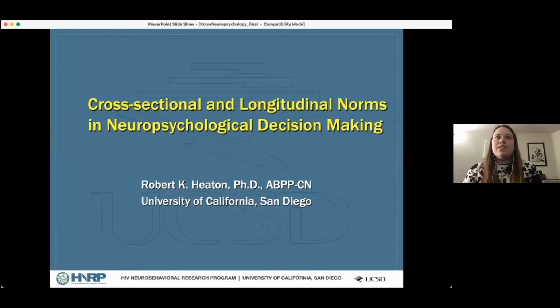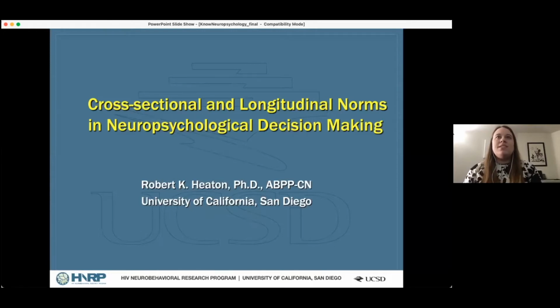Dr. Heaton's research uses refined neuropsychological methods to characterize cognitive changes associated with numerous conditions, including focal brain lesions, Alzheimer's disease, multiple sclerosis, schizophrenia, substance use disorders, and HIV infection. He's published extensively on the neurobehavioral effects of HIV infection and comorbid conditions, including substance use disorders, as well as on the use of neuropsychological testing to document changes in brain functioning due to disease progression and treatment.